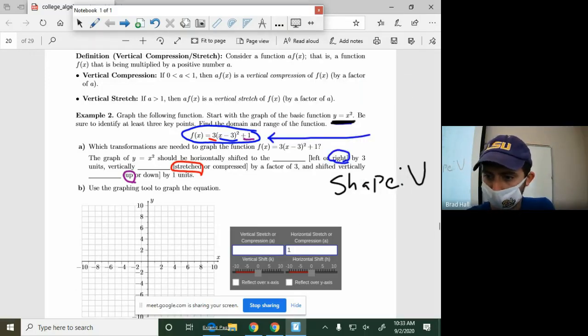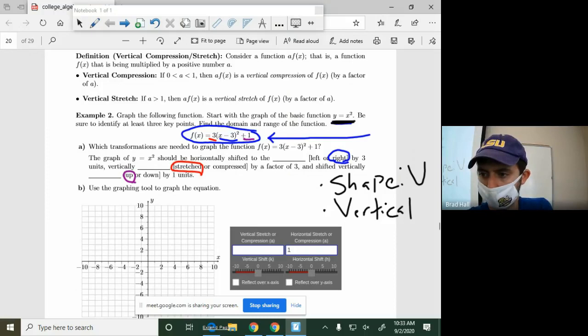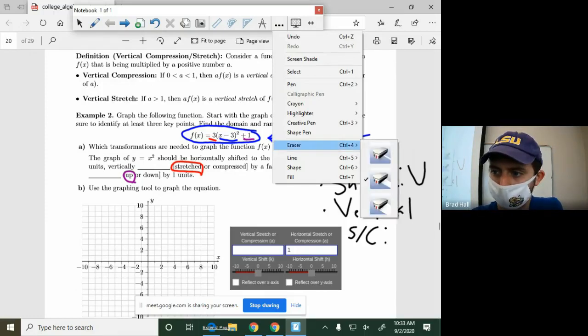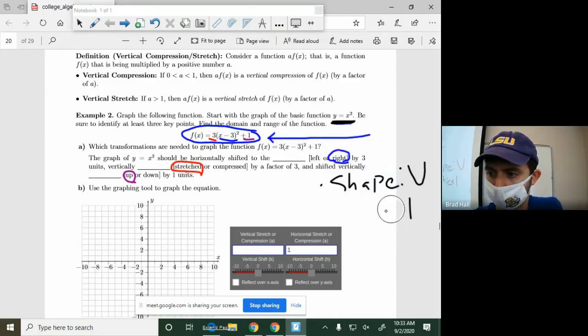So the first one I see, we'll do this one by one, vertical stretch or compression. It doesn't even care which one's which. It just says whatever the factor that you found was, and we found that to be 3. In fact, I'll do this in the color scheme that I did when I circled all the answers, so just make it clear which one's which.